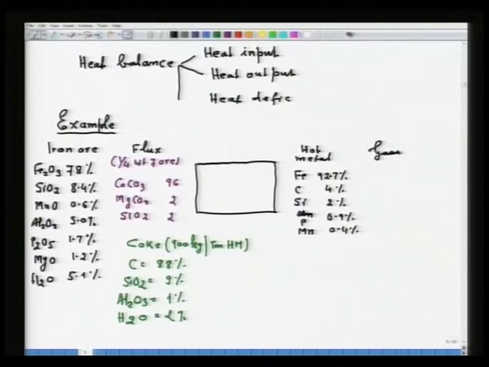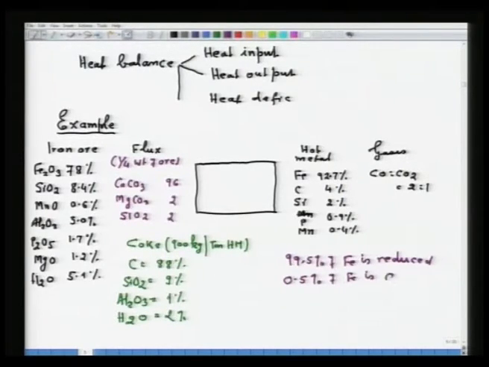Gases, CO to CO2 in this particular problem is 2:1. Also it is said that 99.5% of iron is reduced. That means only 0.5% of iron is slagged. So, we have to make now calculations.